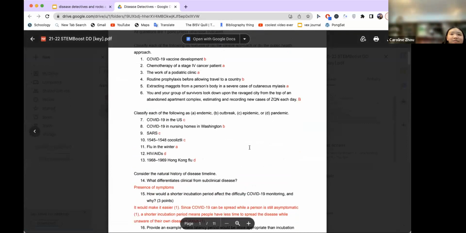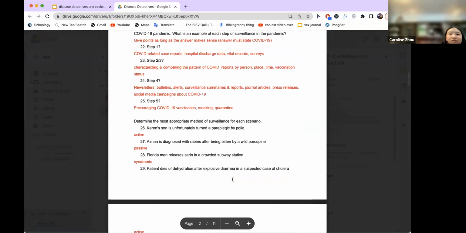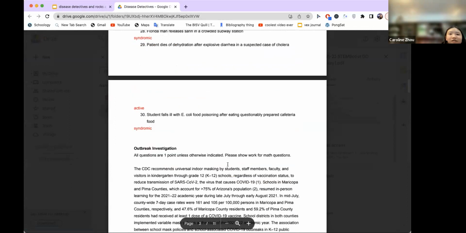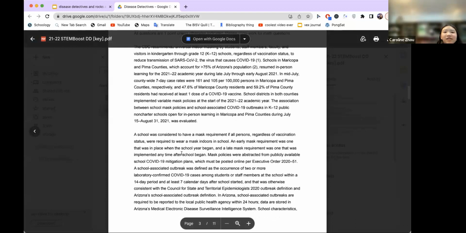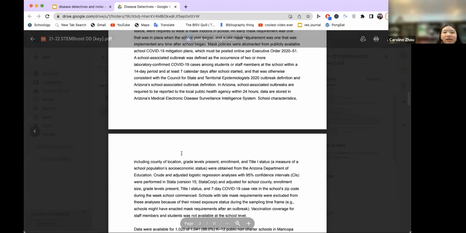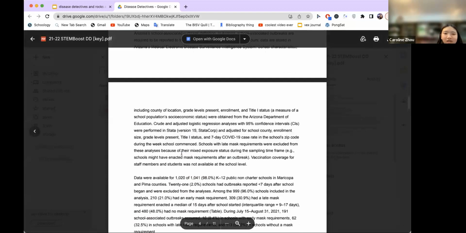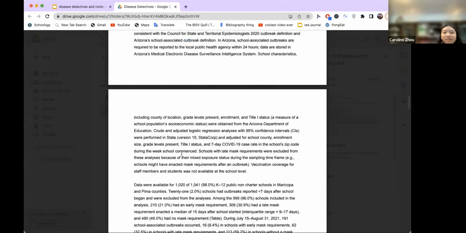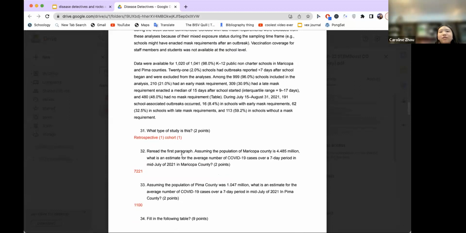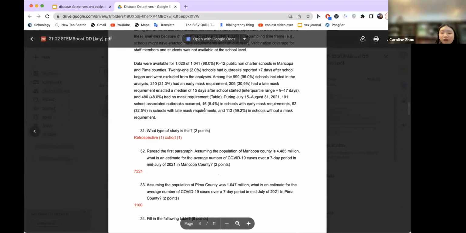You have to know the difference between some vocabulary and then answer questions about them. Here you have an outbreak investigation, which is a pretty important part, where it gives you a really long paragraph describing a disease outbreak investigation that either happened or they just made up. Then you have to answer some questions after you read it.